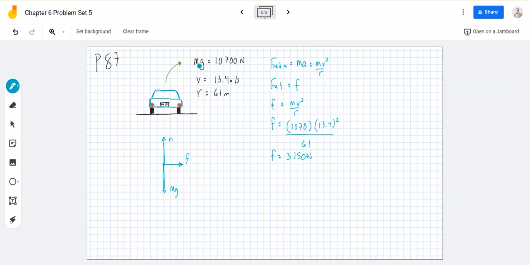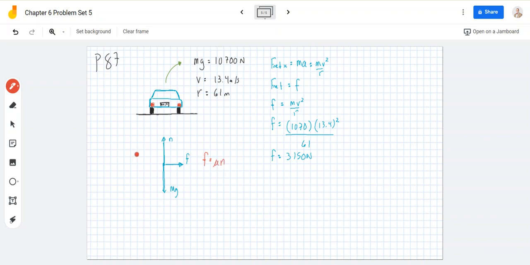Okay. The next part of the question says, if the coefficient of static friction between the tires and the road is 0.35, is he successful at taking the curve? All right, well, what do we know about friction? The frictional force is equal to the coefficient of friction times the normal force.